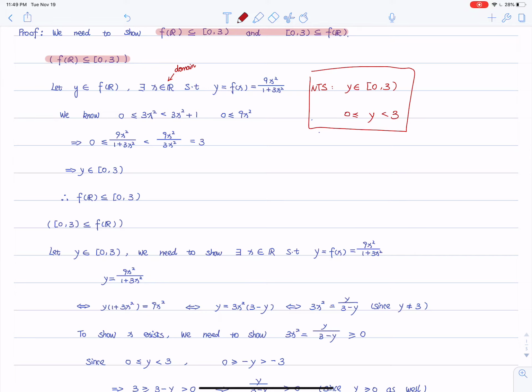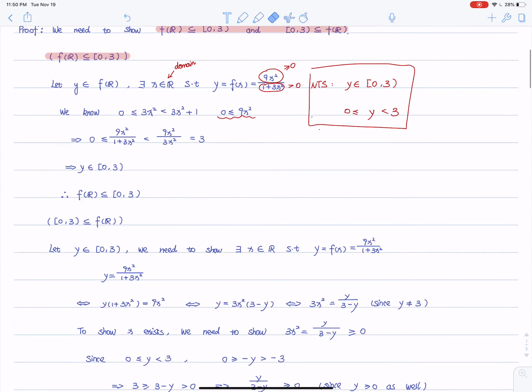So we know that 9x squared, this whole thing, is greater than or equal to 0. I wrote it here. The other thing we know is that the denominator is greater than 0.